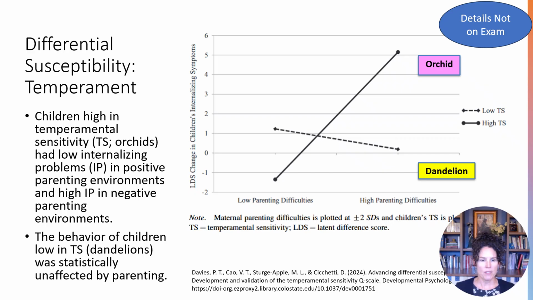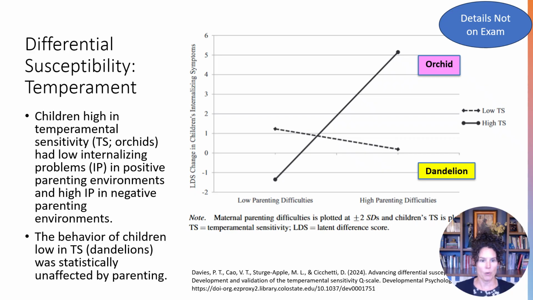And so what you can see here is that the children who were the orchids, the top 30% of most sensitive, temperamentally sensitive kids, showed big changes in their internalizing behaviors. This is basically how unhappy, sad, depressed, nervous, or high-strung or tense they were, depending upon their mother's kind of good parenting or poor parenting.